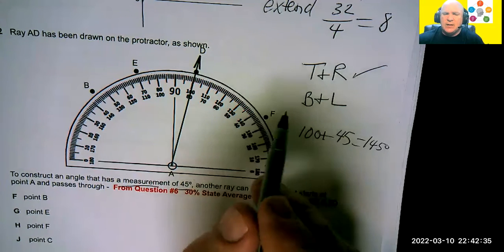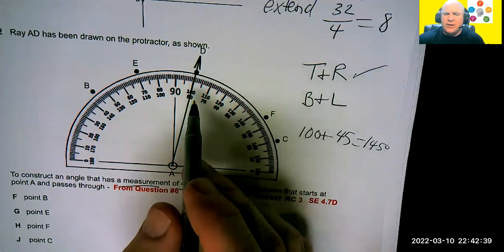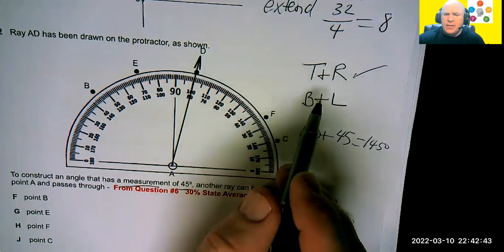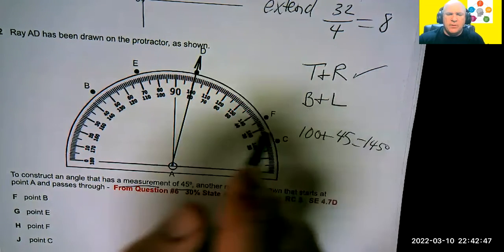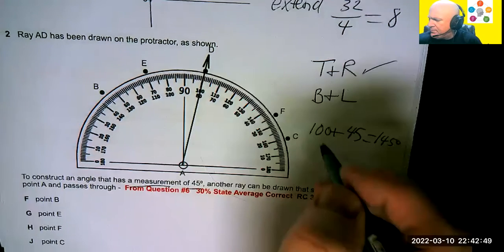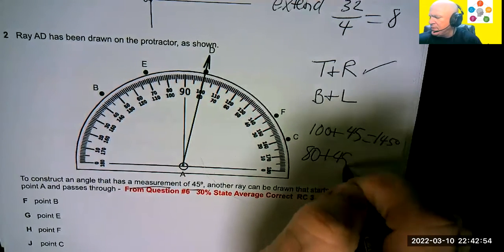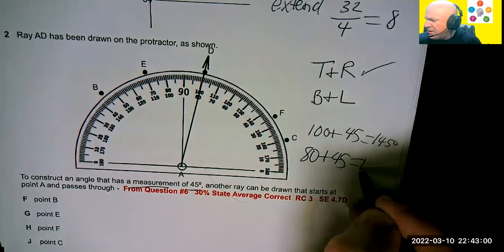So let's take the bottom number and we're going to add 45 because bottom and then left. So the bottom number is 80. And if I were to add 45, 80 plus 40 is 120, plus 5 more is 125.